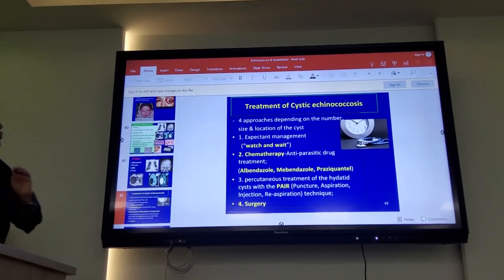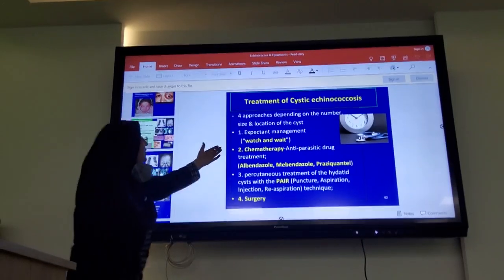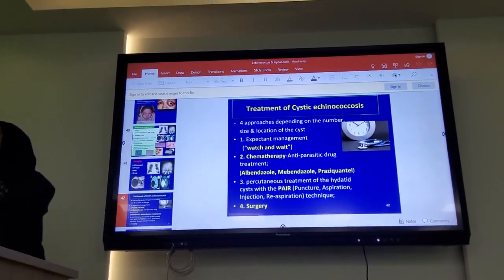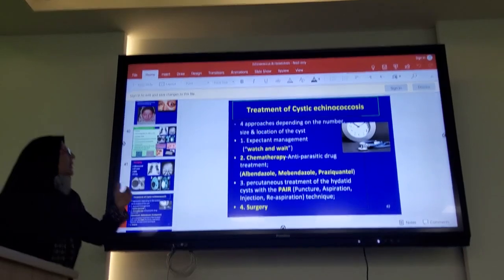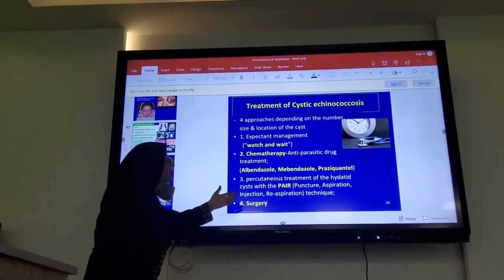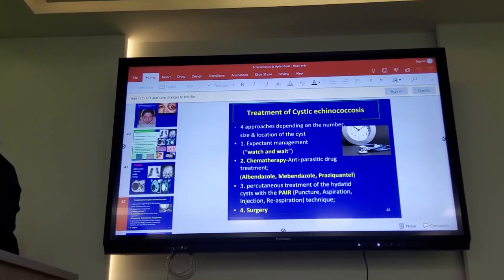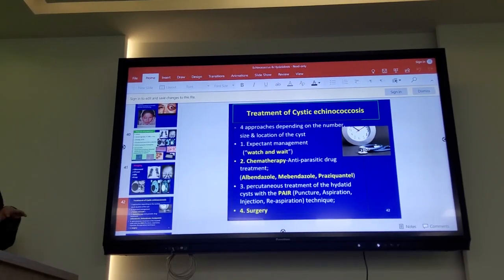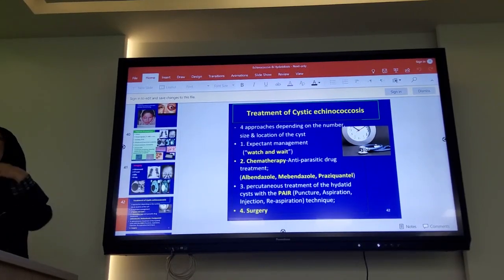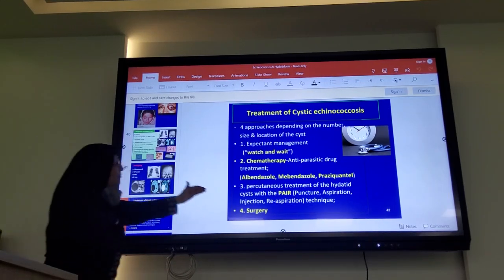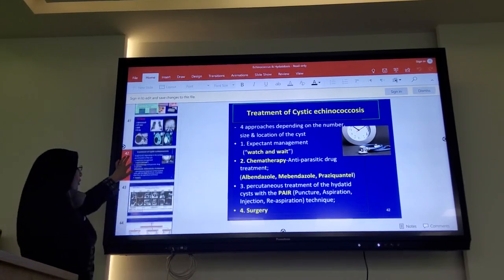So the next strategy is the use of chemotherapy, which means anti-helminthic drugs. The next one is a technique which was introduced in the decade of the 1980s, and in many cases it can replace surgery. The last one is surgery.